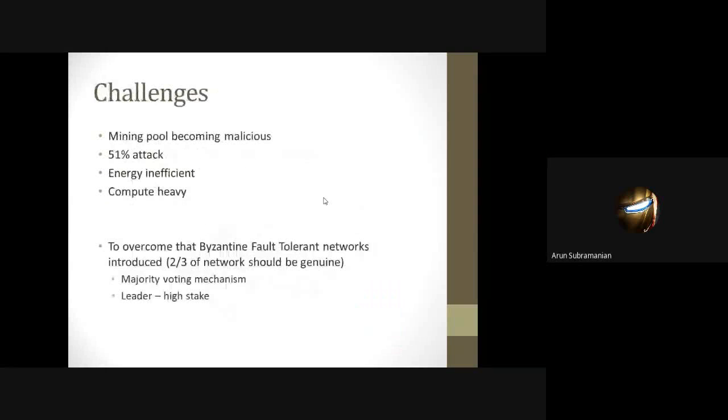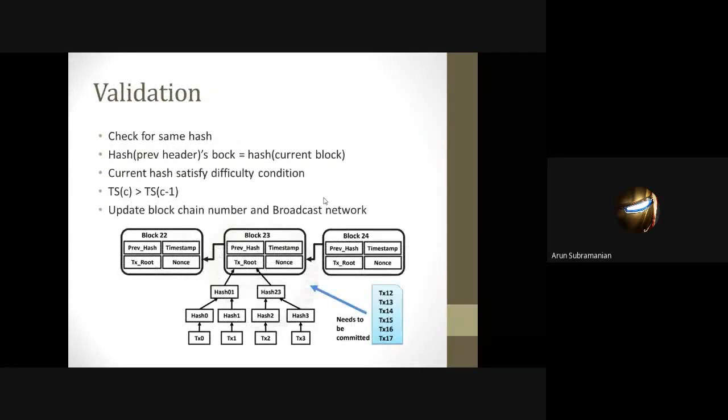Because I said there is a concept like Merkle root. When a malicious node enters, what will it try to do? It will try to alter the value. Let's say I have block 23 in my system. Like this, blocks 22, 23, and 24 are in millions of nodes, all agreeing.